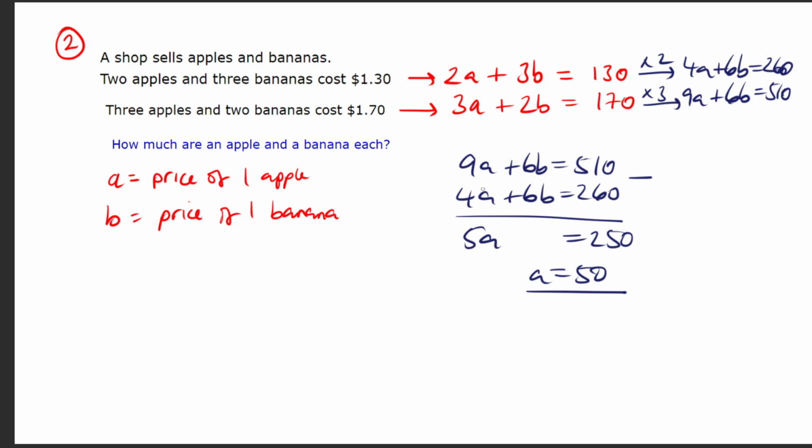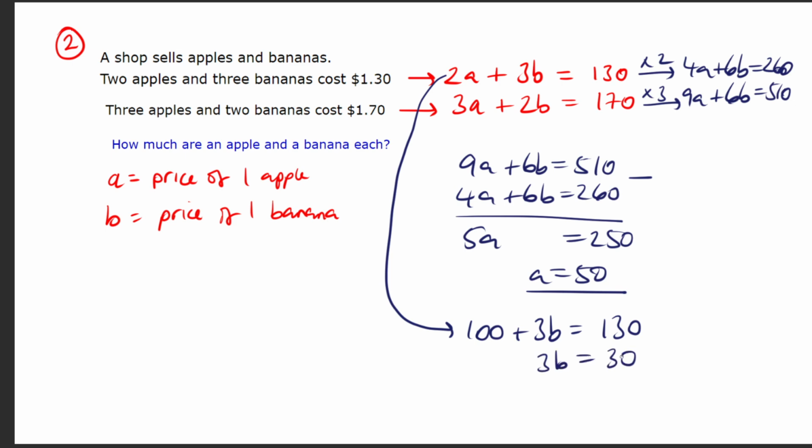And then work back. So probably take the first equation. 2 apples plus 3 bananas is 130. Well, if an apple is 50, that's 100 plus 3 bananas equals 130. So 3 bananas must be 30. So it's telling you that the price of 1 banana is 10 cents. Okay, so we got the answer we were looking for.